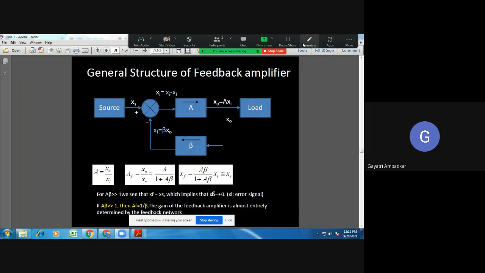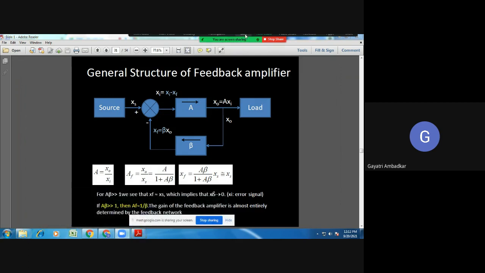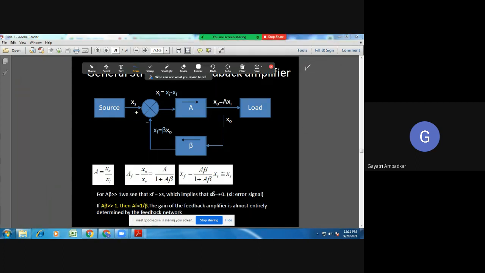Annotation has gone. Okay, no problem. Here I have explained what the gain of the amplifier without feedback is, that is equal to XO upon XI. This is without feedback.